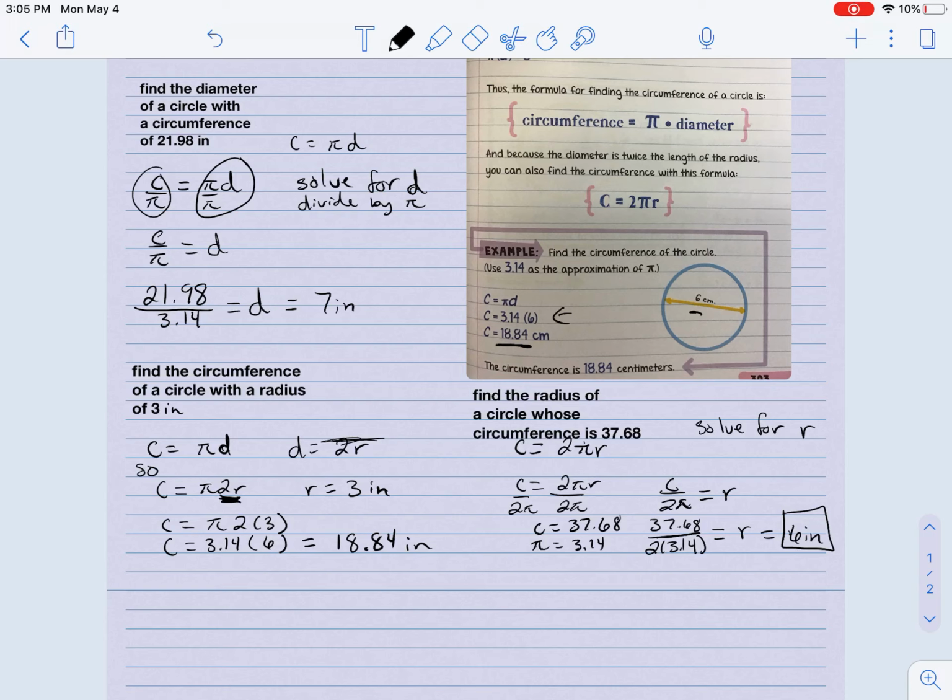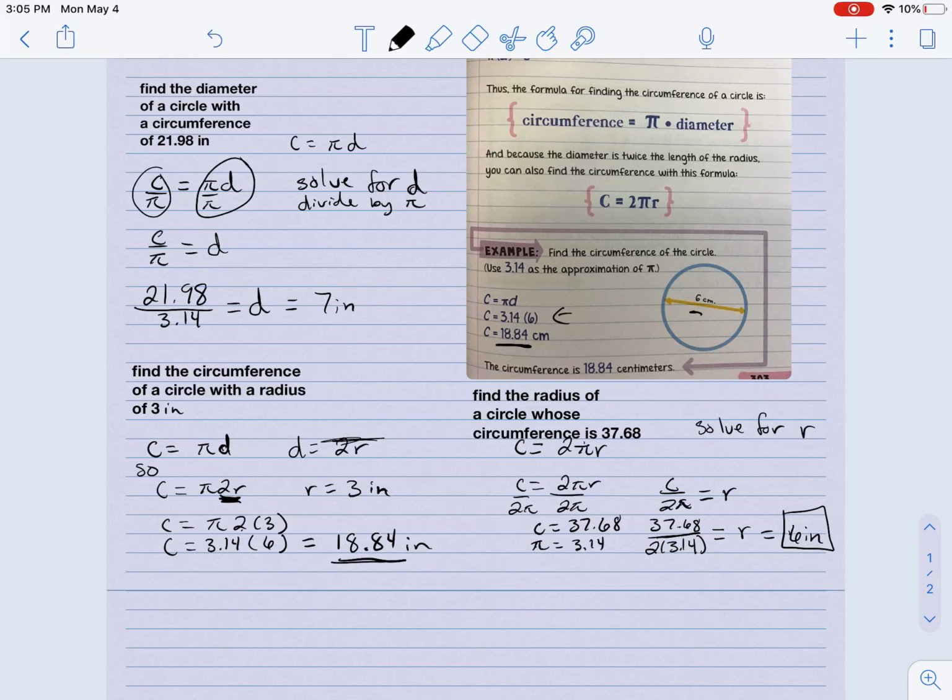Now that we've switched this up, we're just filling in the information that we know. Circumference equals pi times 2 times 3. 3 is our radius, so 3 went in for our r. Pi is 3.14. So 3.14 times 6, where 6 comes from 2 times 3.